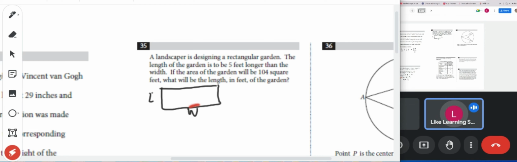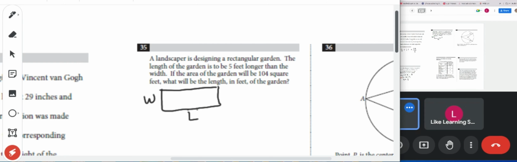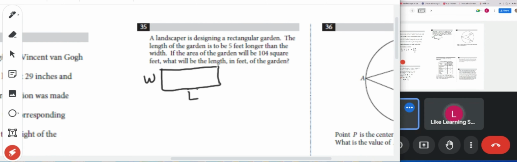Exactly. Why didn't you call this one L instead, so that it will make sense? Good. L is equal to W plus 5.